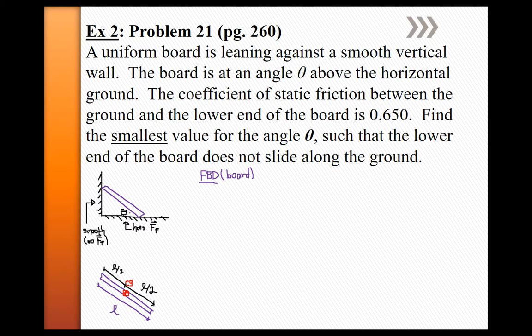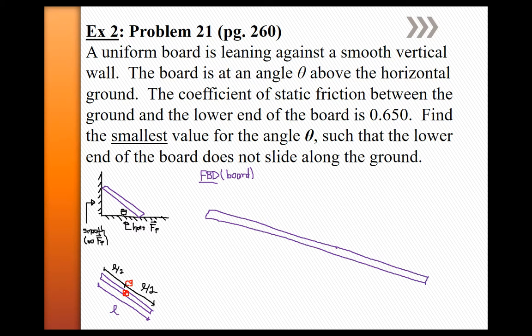So I'm going to make the angle between the ground and the board really small, really tiny. Okay, here's my board. Sorry, this is not a great picture of a board.